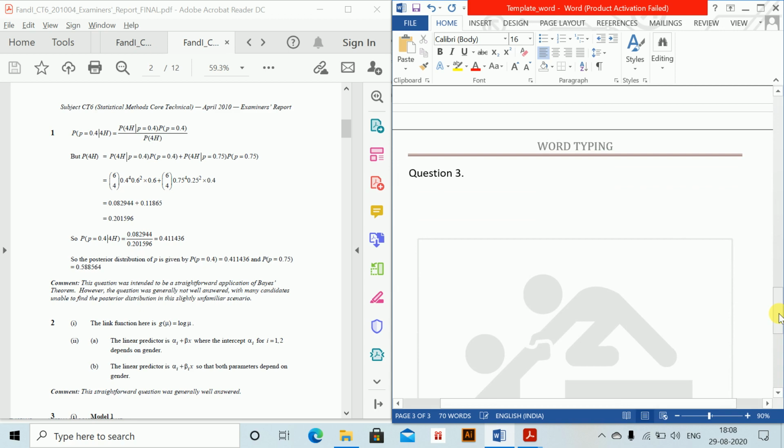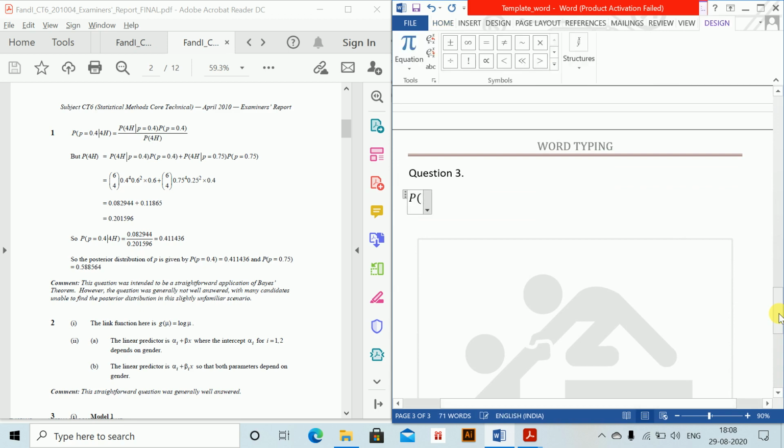So the probability of p equals 0.4 given 4 heads is equal to the probability of 4 heads given p equals 0.4 times the probability of p equals 0.4, whole divided by the probability of 4 heads.